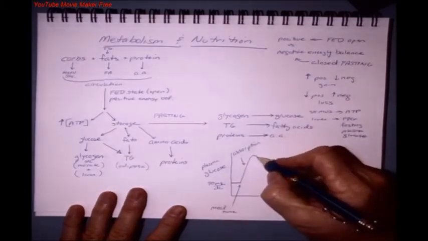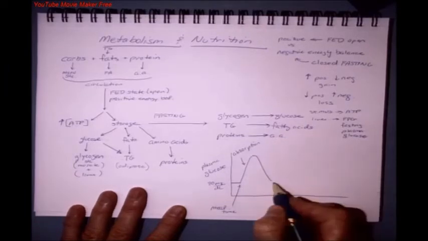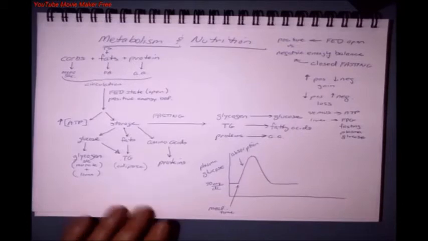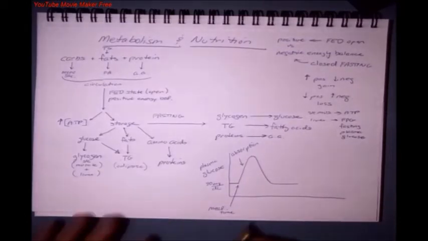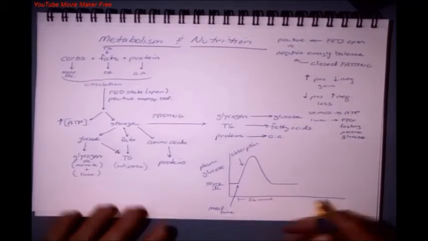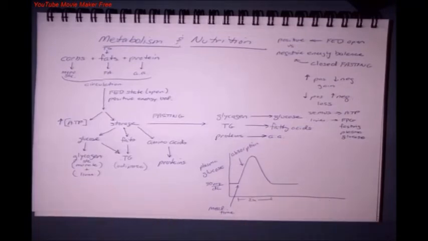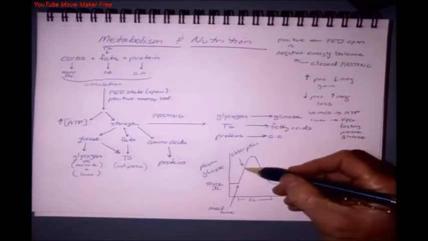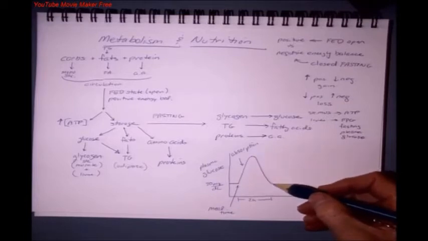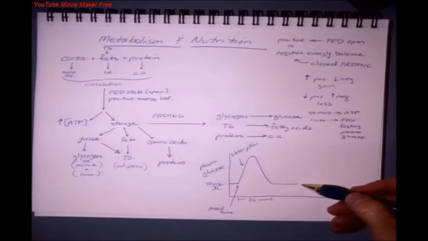Then over time, this is going to return to baseline. And this timing here occurs pretty much about 2 hours. So what's happening here? You're introducing glucose from your diet into the blood, and then the blood is responding by bringing the glucose down to normal fasting levels.